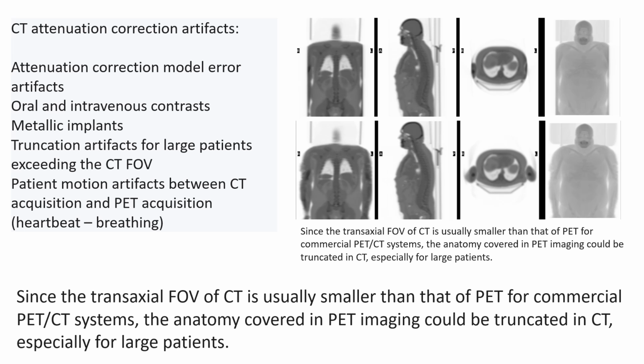As a result, the anatomy covered in PET imaging could be truncated in CT, especially for large patients. Also, these truncation artifacts, due to truncation of part of the body in large patients, are well known and are associated with a lack of information of the part of the body that lies outside the CT field of view. Also, patient motion between CT acquisition and the following PET acquisition can introduce artifacts.